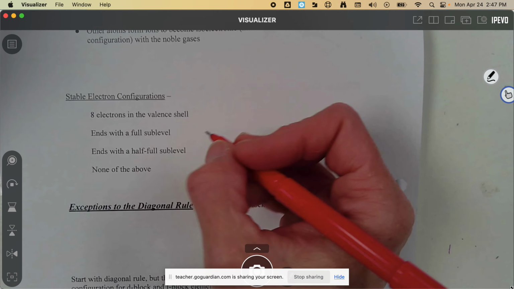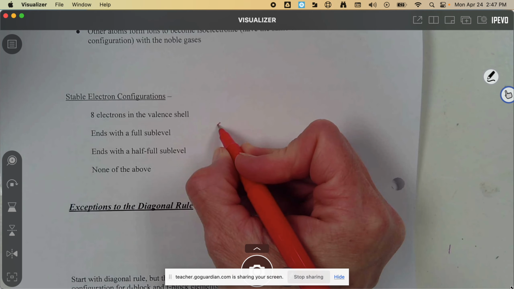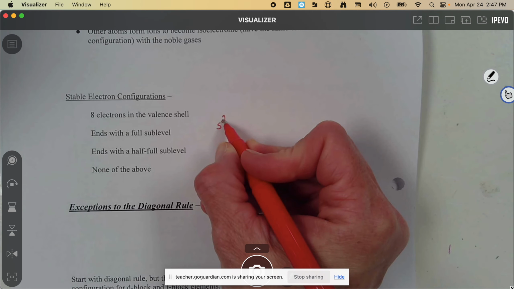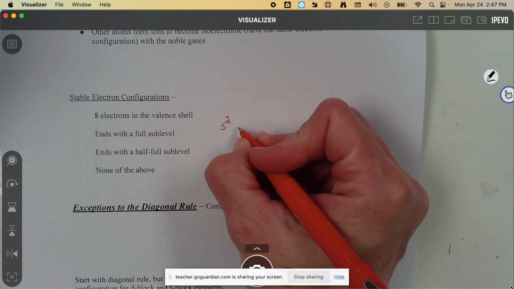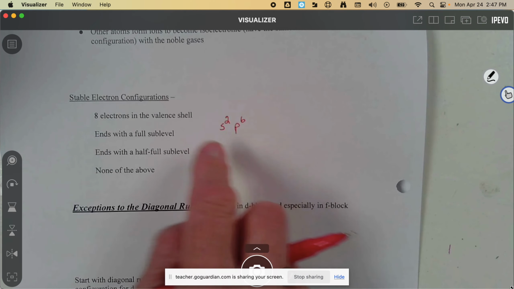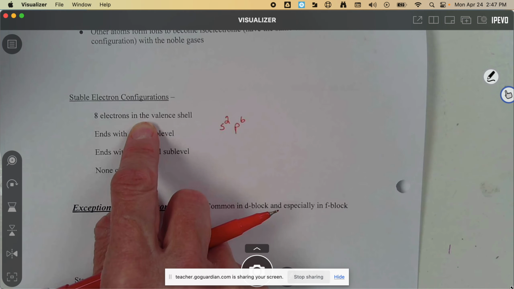But we do have little blips of stability when electron configurations end with a full sublevel, like s2. For example, magnesium is a little more stable than sodium because magnesium ends s2, but sodium ends s1. P6, but if it ends p6, it actually falls into the octet rule.